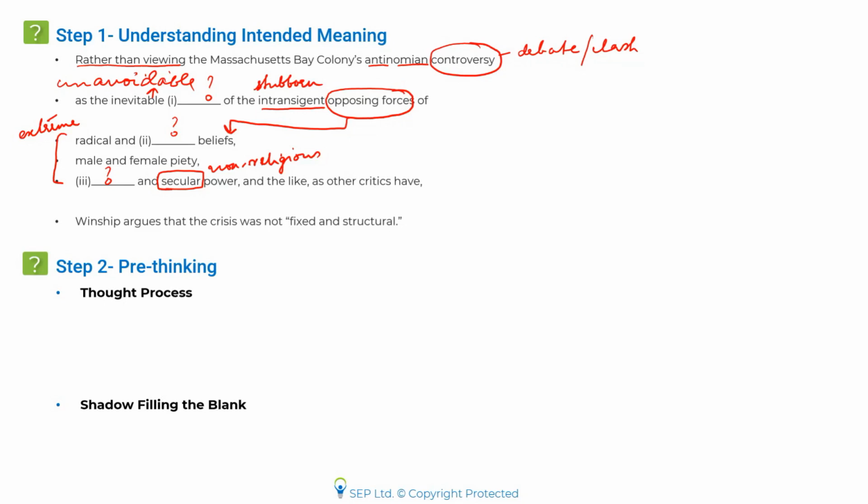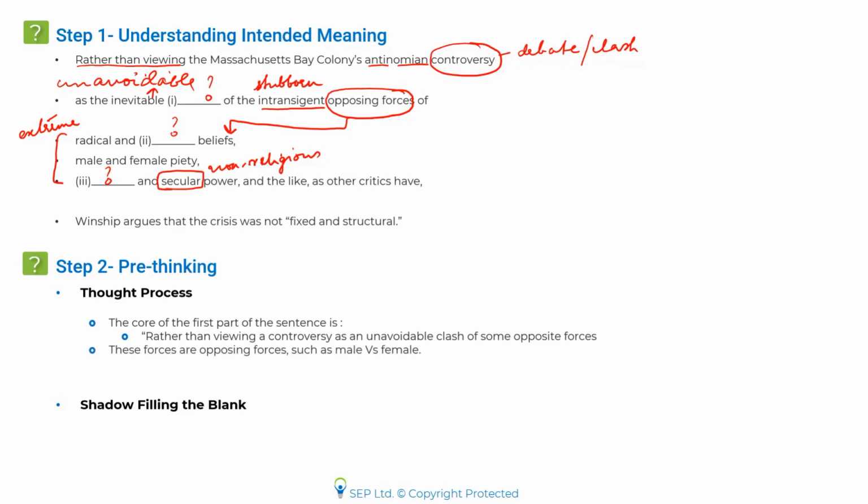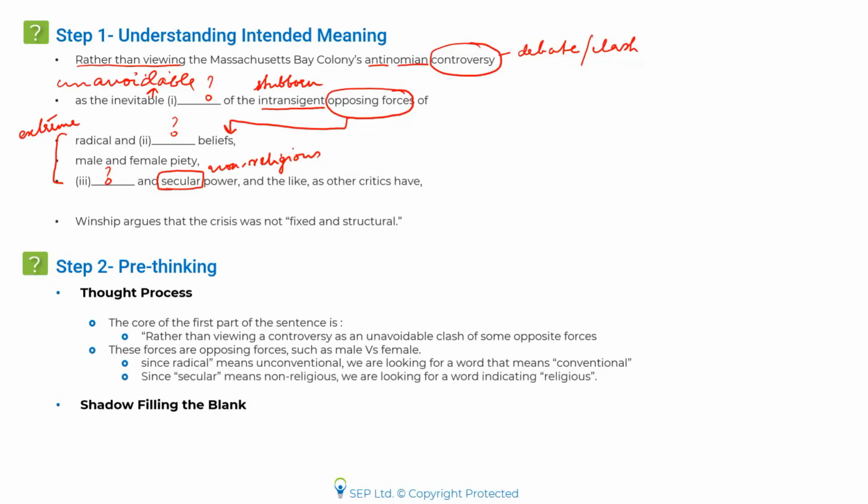So if we gather our thought processes, the core of the first part of the sentence is, rather than viewing a controversy as an unavoidable clash of opposite forces, such as male versus female. Radical means unconventional, so we are looking for conventional. Secular means non-religious, so we are looking for a word indicating religious.